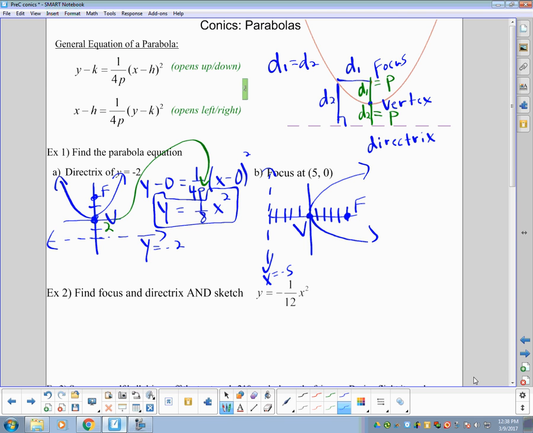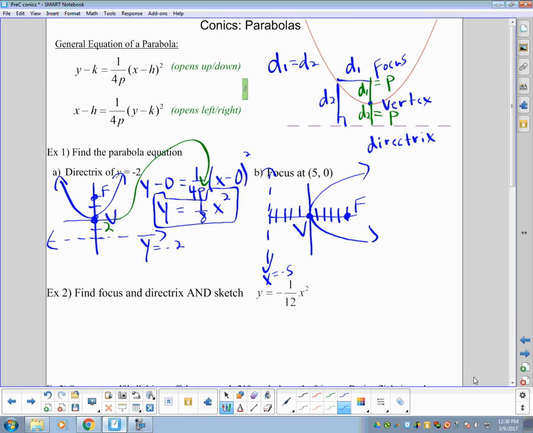So, I'm going to use the equation that opens left or right, okay? By the way, last year, it doesn't come into play here, but you probably took this k and added it over here, especially if you're going to graph it on your graphing calculator. This is vertex form with the h, k splitting on each side of the equal sign.